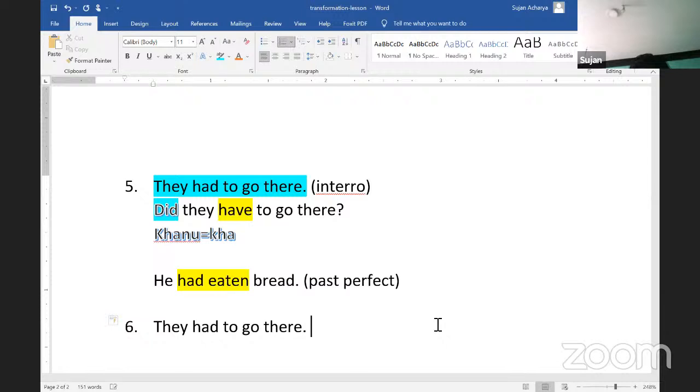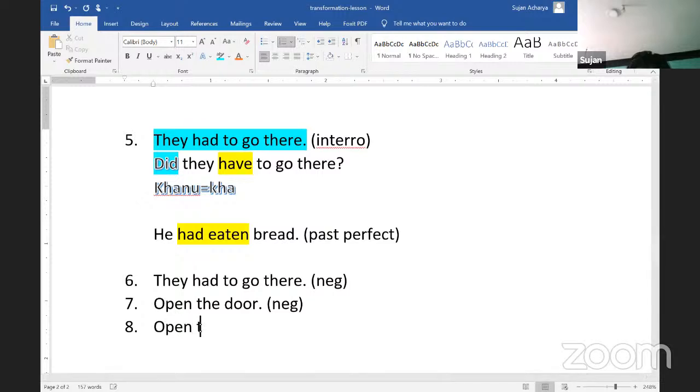Change the sentence into negative. Open the door. Change the sentence into negative. Open the door. Change the sentence into interrogative.